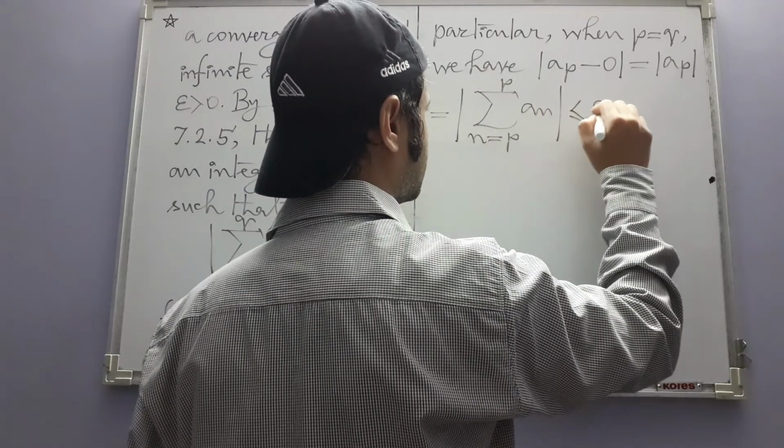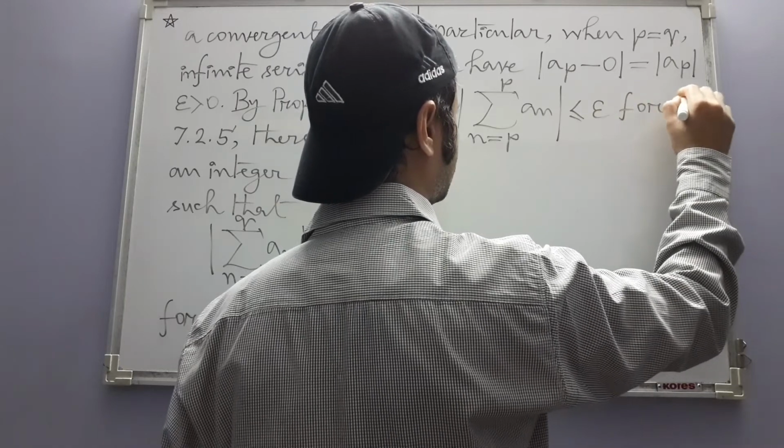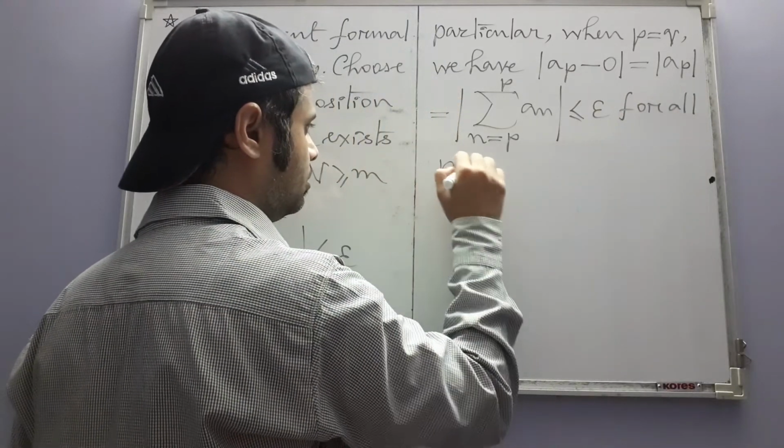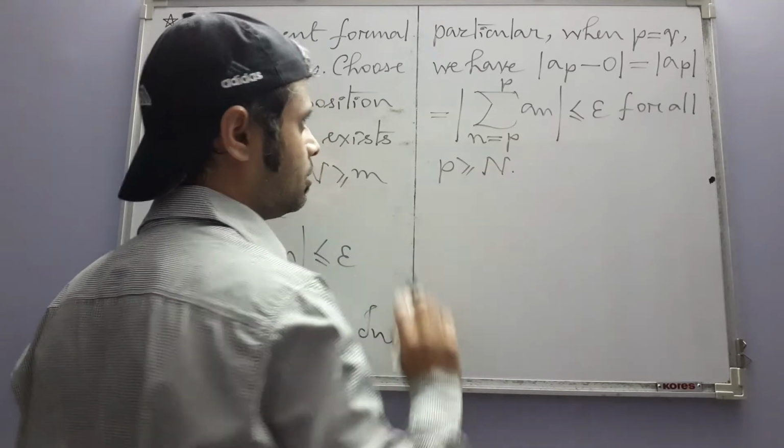This is less than or equal to epsilon for all p greater than or equal to n.